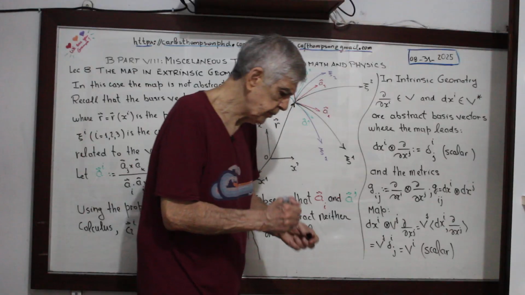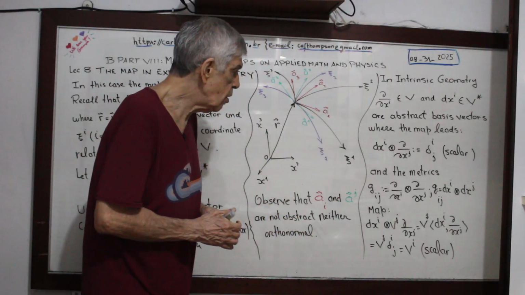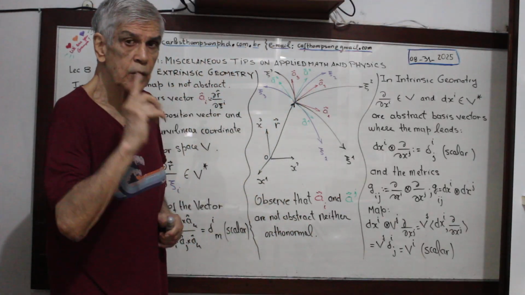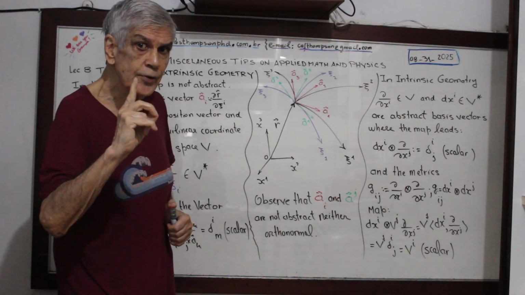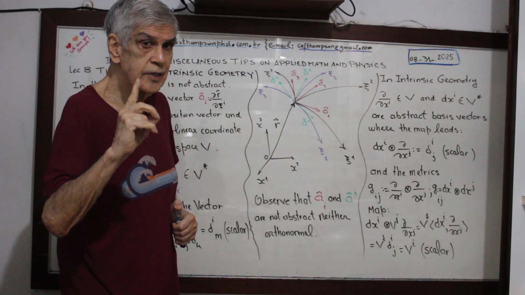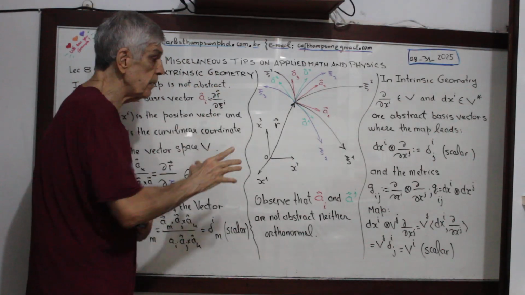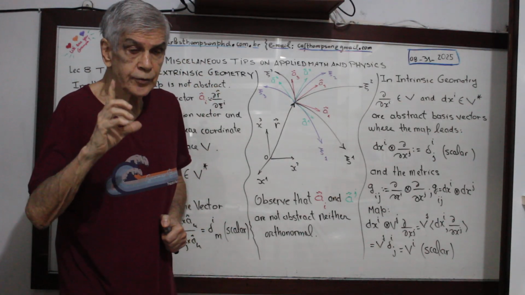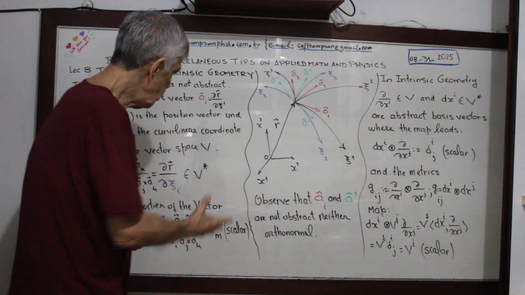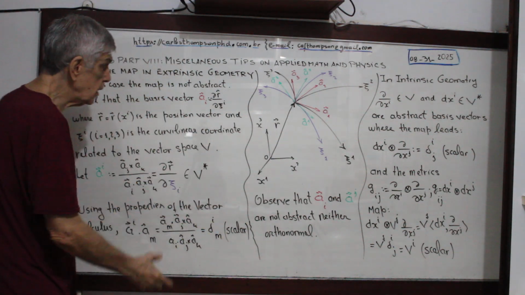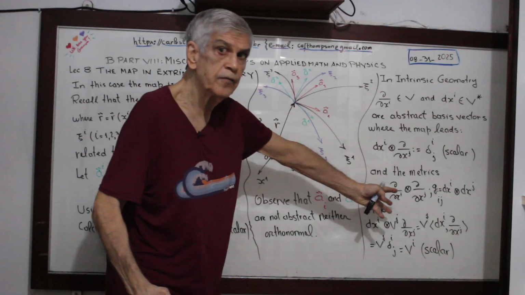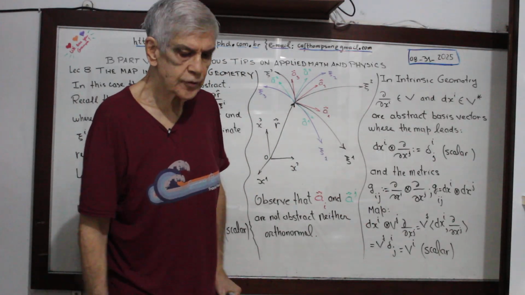Just for you to see a property of the intrinsic geometry, in which the bases are abstract. In extrinsic geometry, the basis vectors are not abstract. We can calculate it here. And this here is by definition, okay? So that's it.